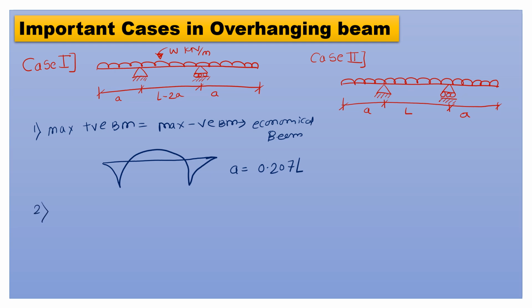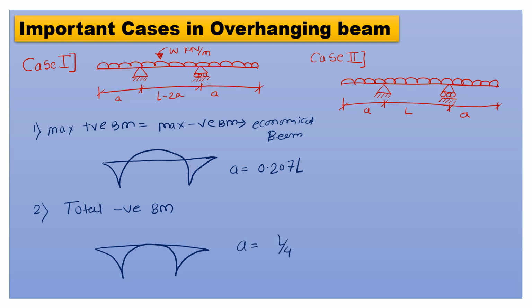Second case is total negative bending moment. So total negative bending moment diagram is like this. Means total bending moment part is in negative case. So this is the BMD and value of A is L by 4.